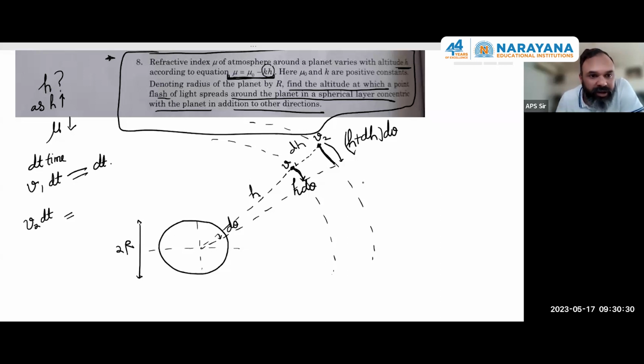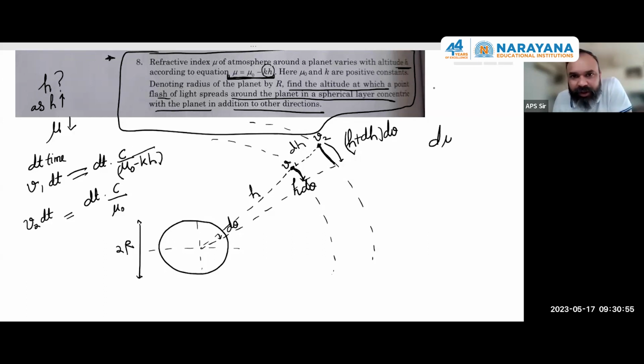Keep dt as such. Write v1, that is c by mu, and that is whatever is mu here. And this will be dt into c upon whatever is mu there, which is mu plus d mu, or you can say mu naught minus kh. That is the value of mu here. Technically, d mu for me is minus k dh.